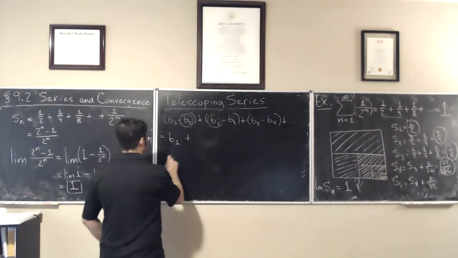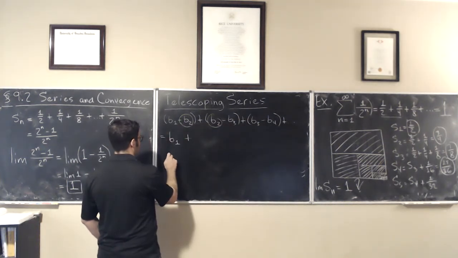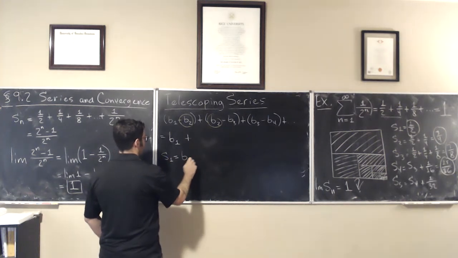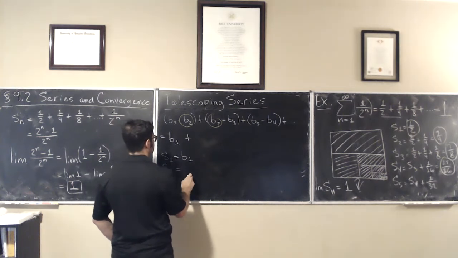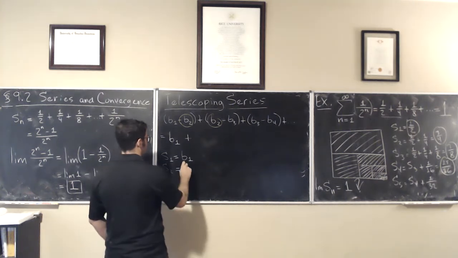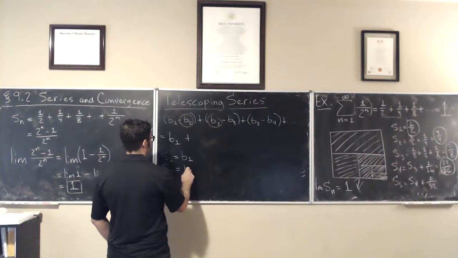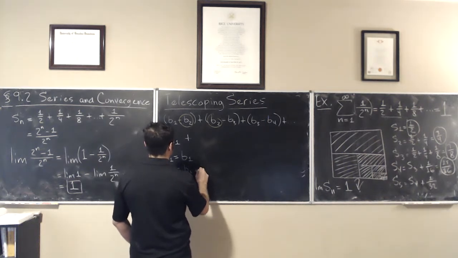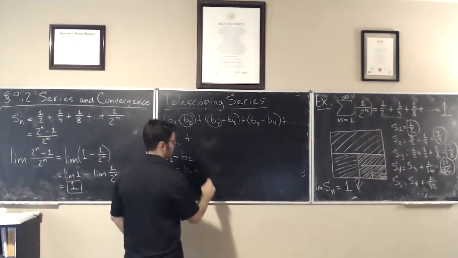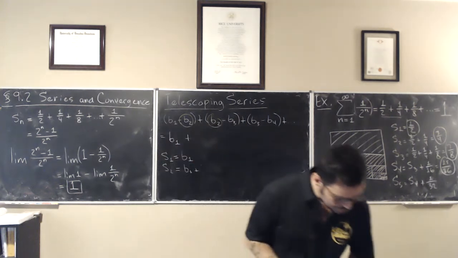Well, what's left over is, let's say maybe, let's look at the partial sums. So S1 is just going to be V1. S2 is going to be V1 plus, how did I write this down here? Hold on.